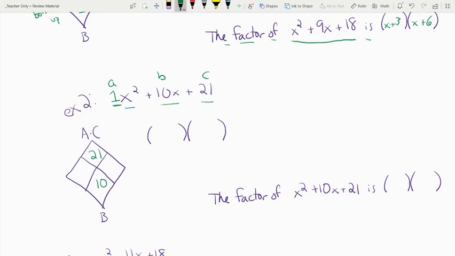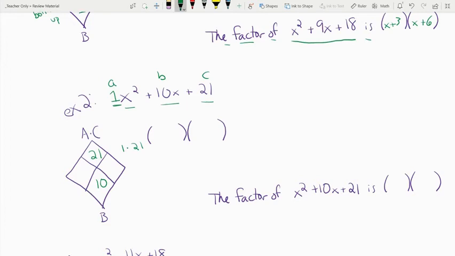Okay, so now I need to figure out what numbers I can multiply together to get 21. Well, I can do 1 times 21. 2 doesn't go into 21. And let's see.